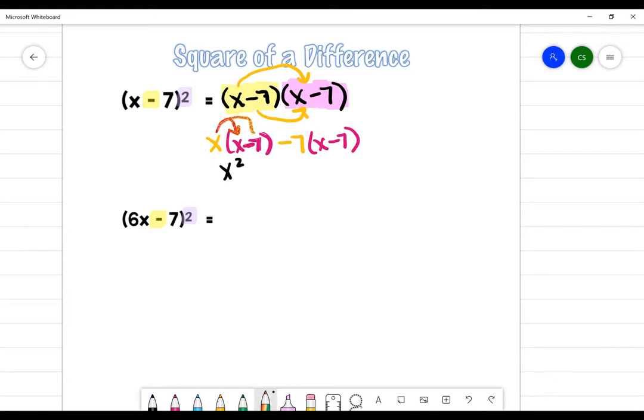And x times a -7, which is -7x. Then multiplying -7 by x, which is -7x. And multiplying -7 by a -7, which is a +49. Combine my like terms. A -7x minus 7x. That means -7 minus 7. Combine the coefficients, which is -14.